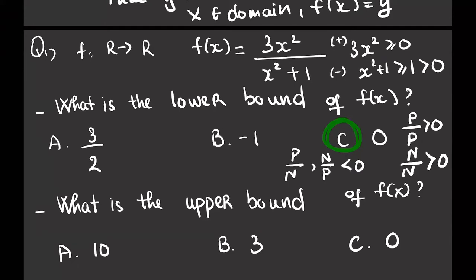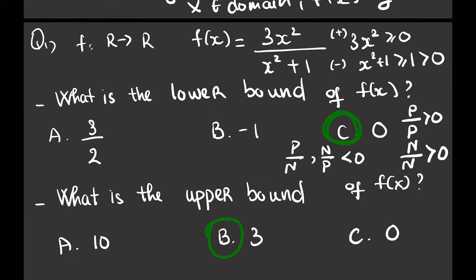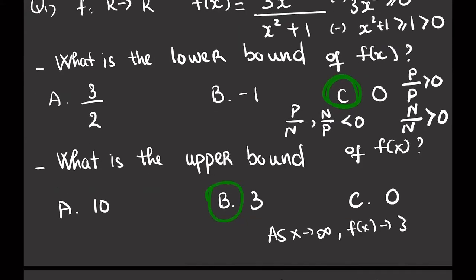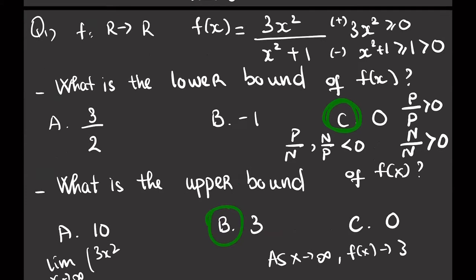Okay, most of you chose B, which is really good. Because if you know calculus, as x approaches infinity, f(x) will approach 3, right? It is like the limit as x approaches infinity of 3x squared over x squared plus 1.